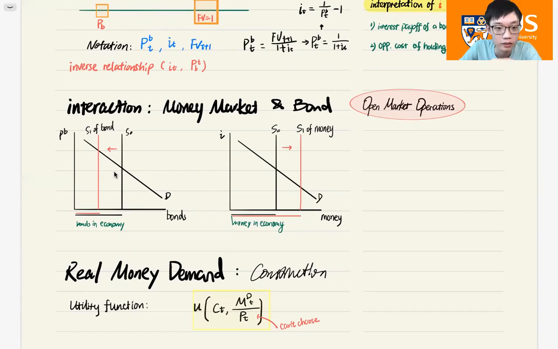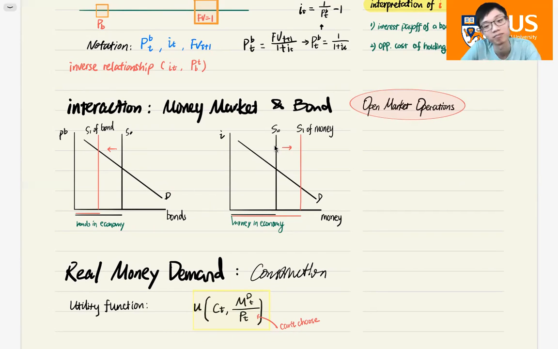So this is the bond market. They reduce the bonds, so the bond supply in the economy will reduce, right? In the meantime, the supply of money would increase, because the central bank uses money to buy the bonds.